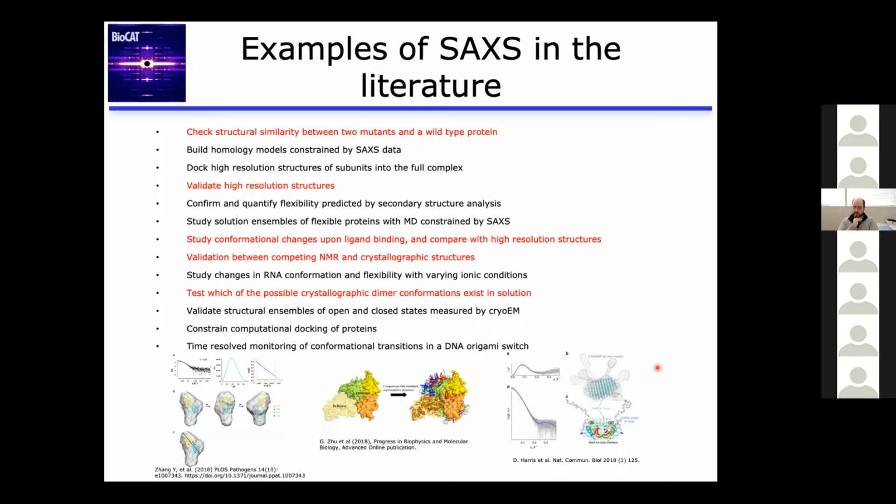I'm not going to go through this list in exhaustive detail because there's too much on it and it's not the focus of the talk, but there's a lot of things you can do with small angle scattering, everything from just getting the basic size in solution to validating that a high resolution structure matches the solution data, up to doing constrained MD where you're using SAXS as one of the constraints to help refine the structures into a more physically reasonable state. And so there are a lot of different levels of approaching SAXS data and a lot of ways of using it that can be really useful for your different types of experiments and studies.